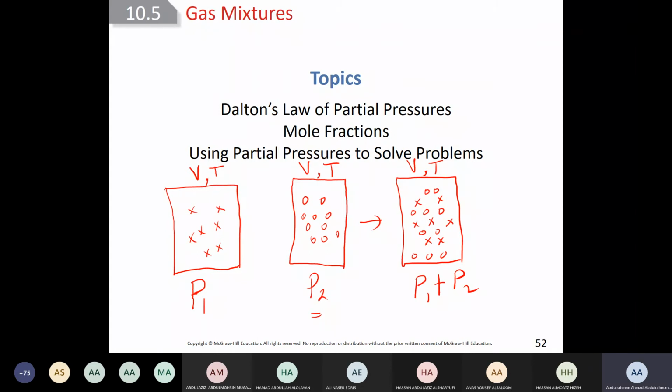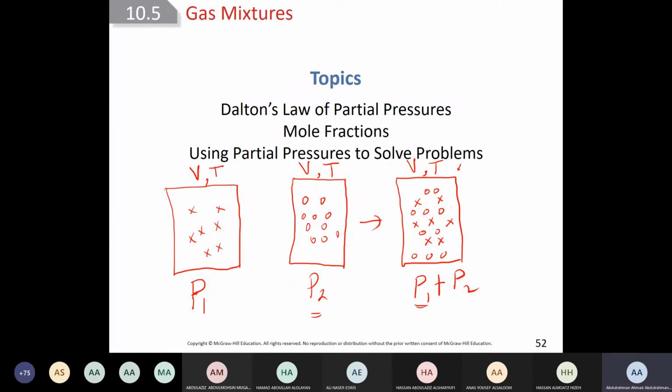I did this deliberately here. How many X's do I have in this box? 7. And here? 7. I deliberately put 7. So the pressure of X in this box is P1, regardless.